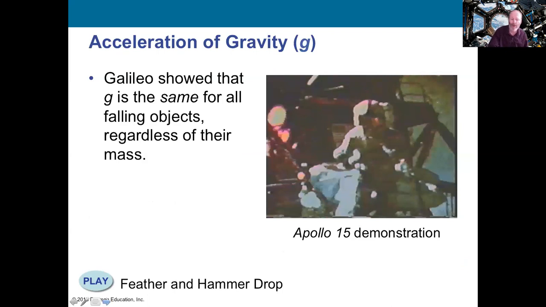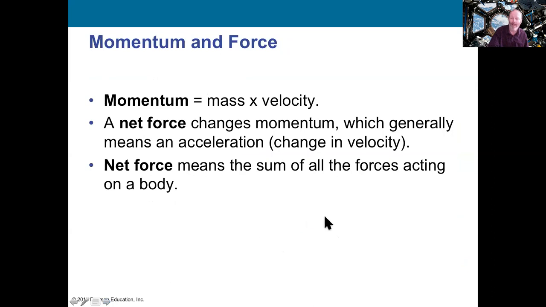So the acceleration is not as much. You actually weigh less on the moon, even though you'll have the same amount of stuff. I'm just as blobby on the moon, but I would weigh less. I would probably weigh about 40 pounds rather than 195 or something like that here on Earth.